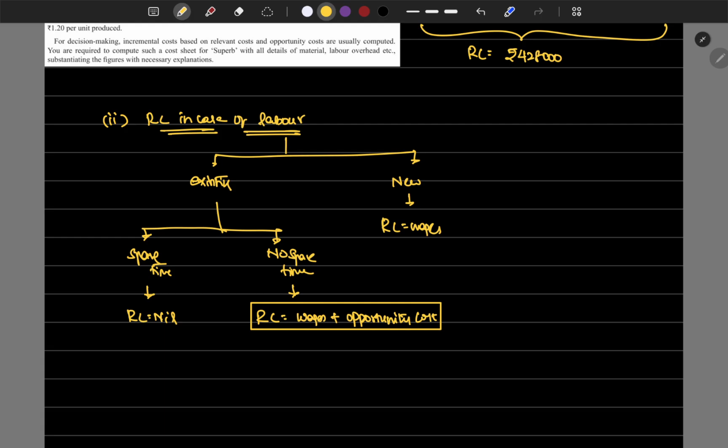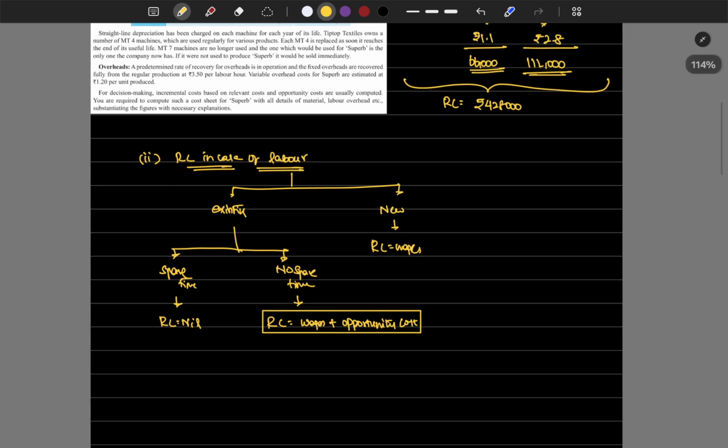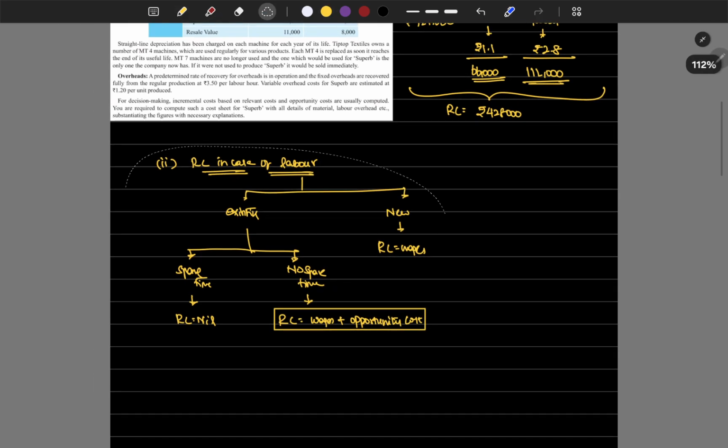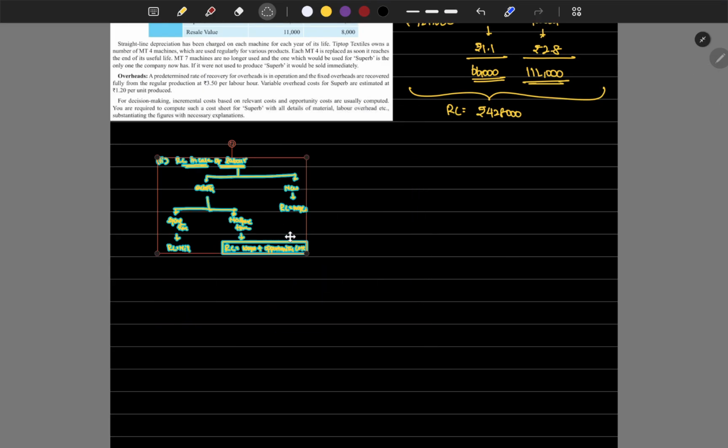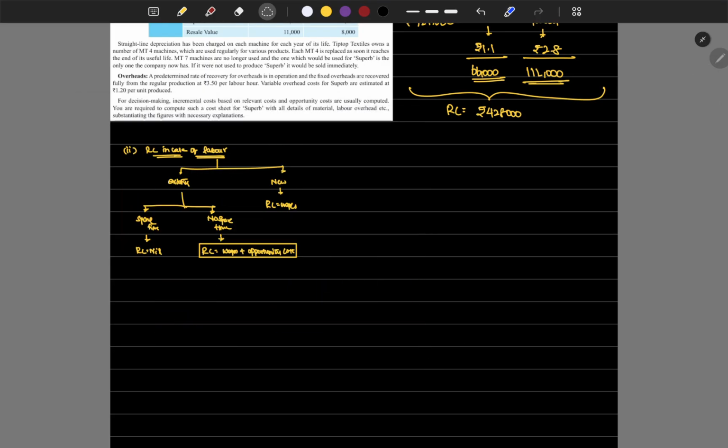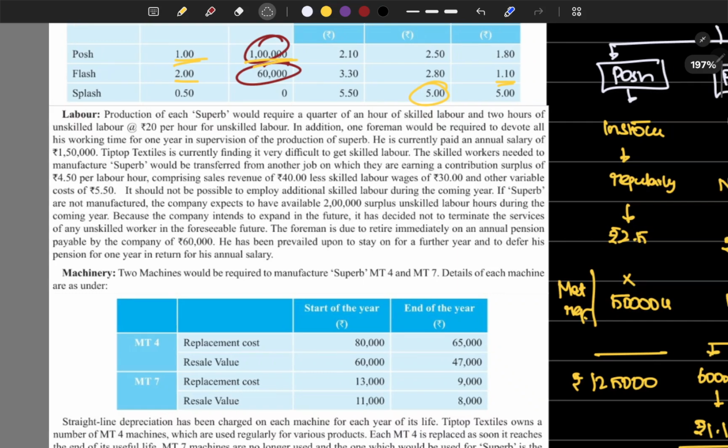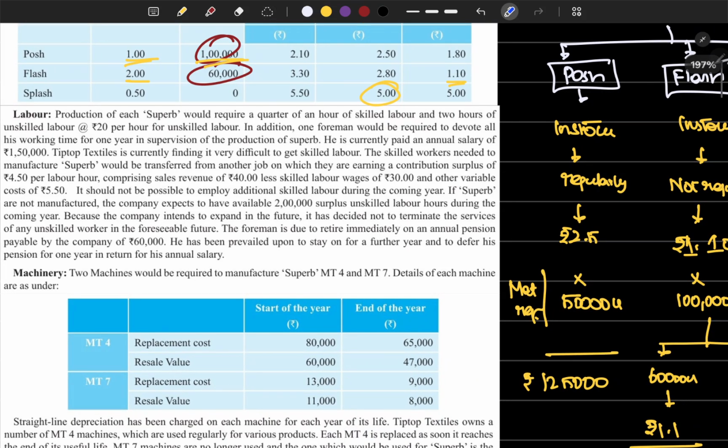They are fully occupied, so we are replacing them with Superb, so we have to get that opportunity cost also from them. So this is also our relevant cost in the case of labor. Now we've got the logic ready for labor, and now we'll read the labor part.